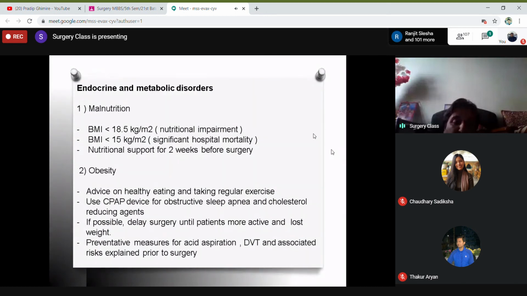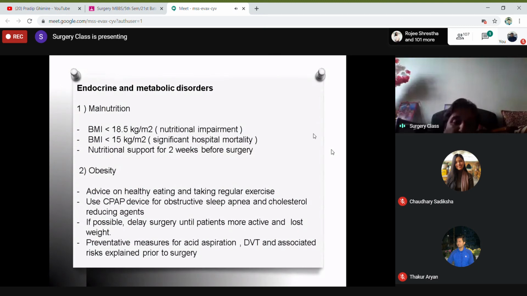Most of the times, if we plan for an elective surgery and the patient is obese, we ask them to reduce some weight and come after a month or so. But if the patient is undergoing obesity surgery himself, then the situation is different, where you ask the patient to do some exercise pre-operatively, respiratory exercise, and take various precautions, and then you have to plan for DVT prophylaxis during surgery.